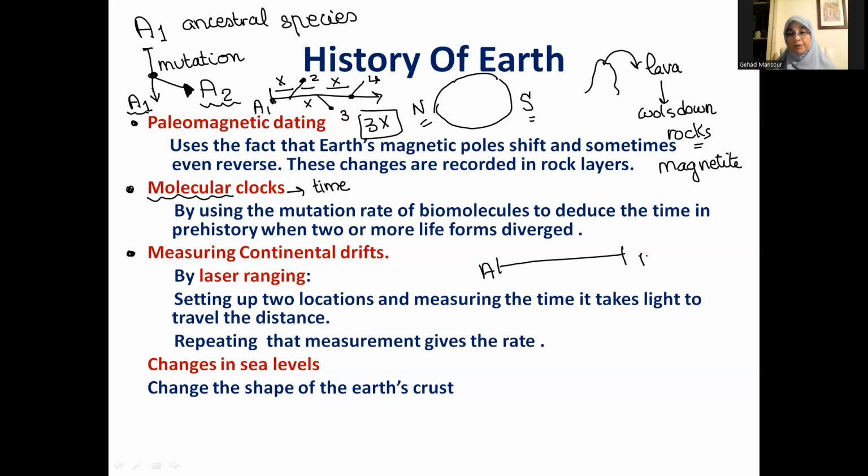So if you have point A and point B, and here you put a reflector, and here you put the source of laser, you calculate the time that is needed for that laser to travel and then be reflected back. Through measurement of that time, you can calculate the distance between the 2 points. This is used in order to determine the distances between 2 points on Earth. We'll be seeing later on what continental drifts are and how we can use this in measuring them.